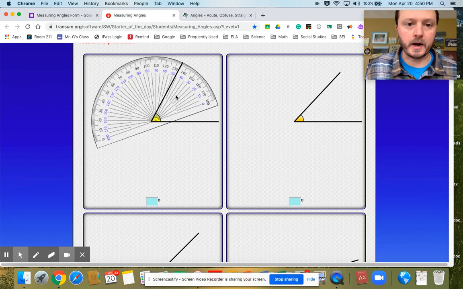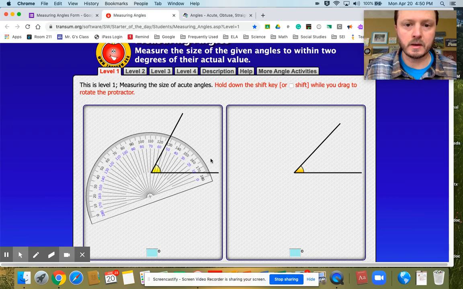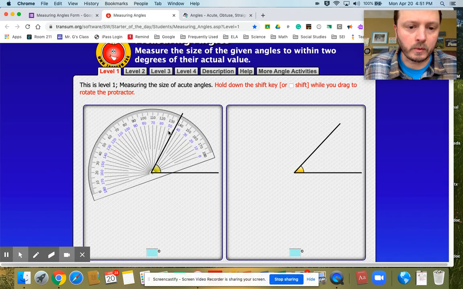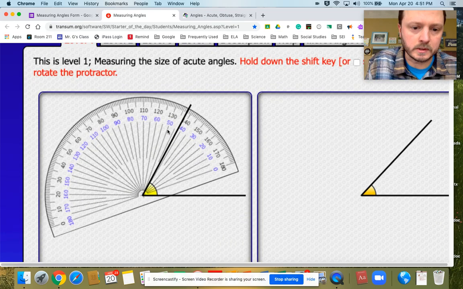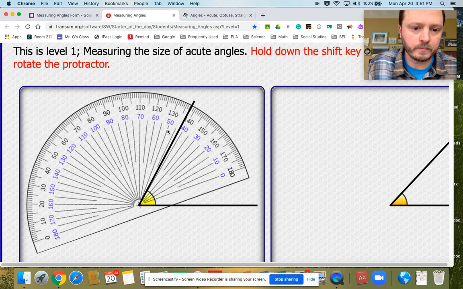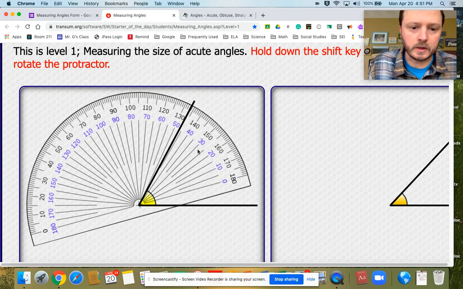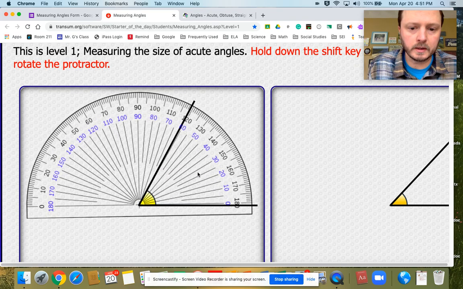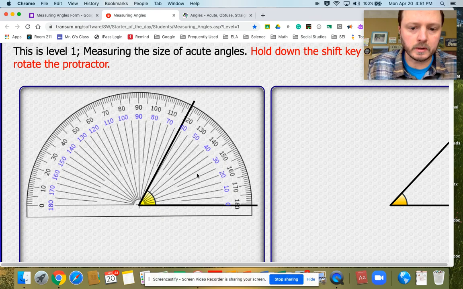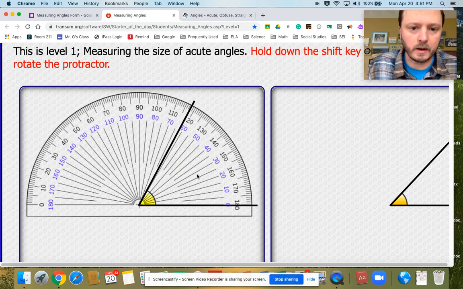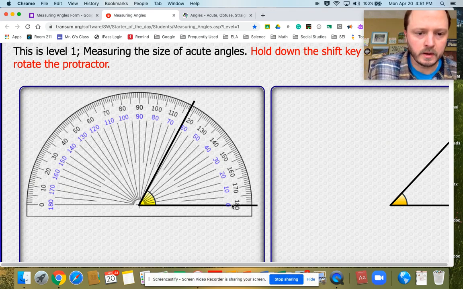So let's practice a little bit with this virtual protractor. First, I'm going to line up that vertex. Can we see that? I'm going to zoom it in a little bit more. Then we are going to hold down that shift key and rotate until a 0 mark is lined up with the side. And then we can take a measurement.